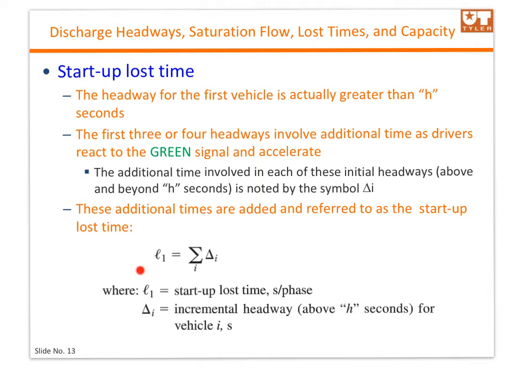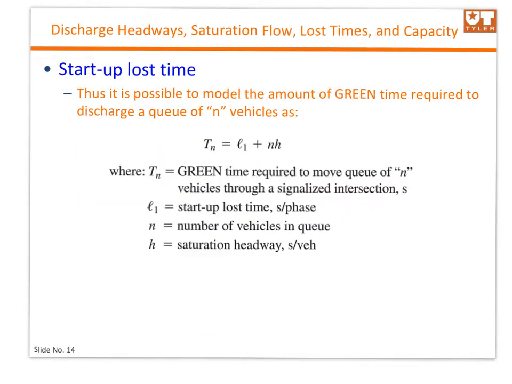So how to calculate the L1, which is the startup lost time? It's simply the summation of the incremental headways for a certain amount of vehicles. Thus, now we can model the amount of green time required to discharge a queue of N vehicles. How can we get Tn? Tn is basically the green time required to move the entire queue of N vehicles through a signalized intersection.